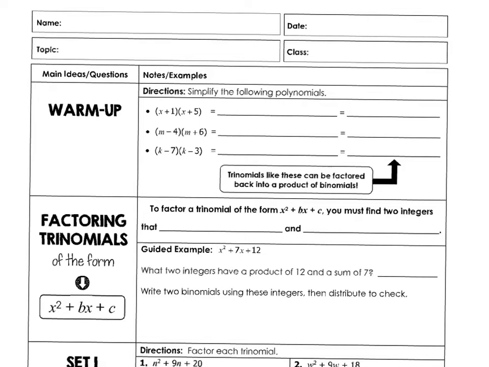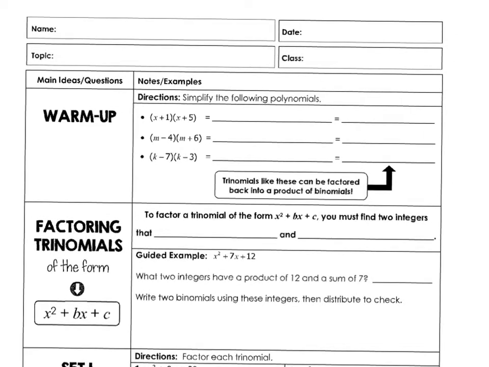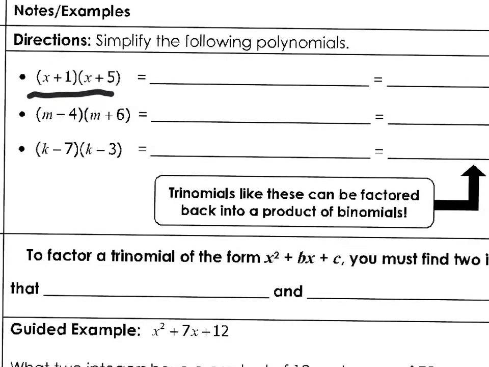We've talked about simplified form and factored form. So when we've got two binomials, like right here, that is factored form, okay? So to get the simplified form, we've been doing the FOIL method, or distributing. X times x is x squared. X times 5 is 5x.